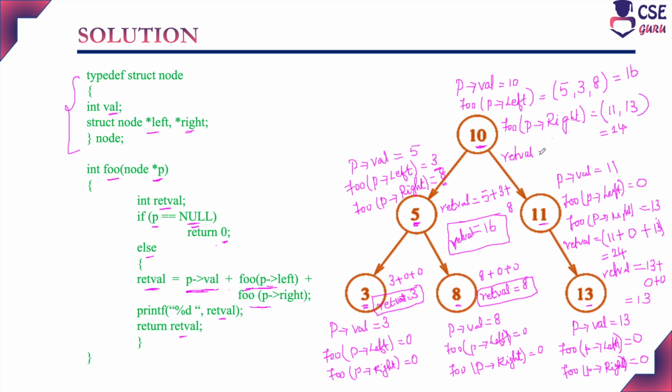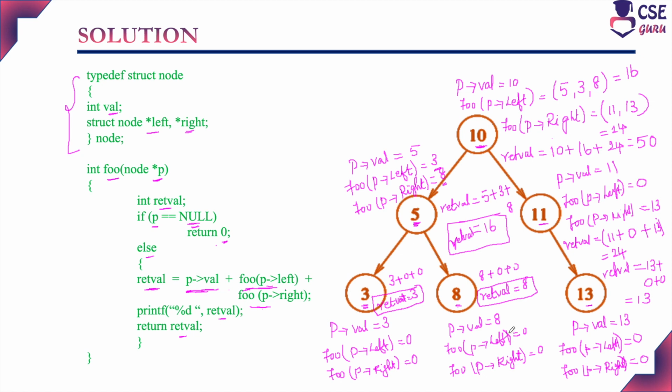Return value is nothing but P of value, that is 10, plus P of left, that is 16, plus P of right, that is 24. So we will get the value as 50. So now we have implemented the foo function for this binary tree, and we have got the return value for all the nodes.